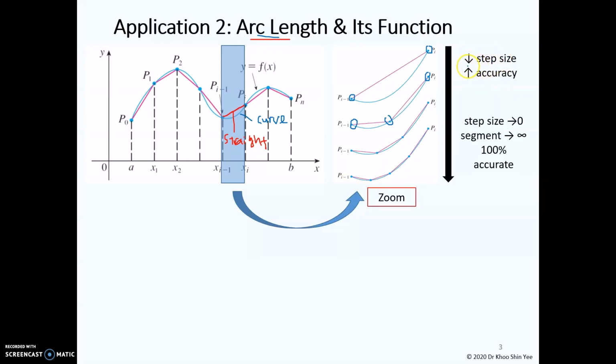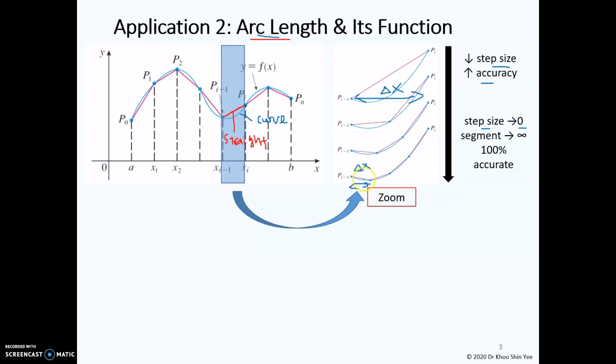In this case, we know that by reducing the step size between these 2 points, the accuracy of the straight line approximating the curved line will increase. You can see that the step size delta x between point 1 and point 2 is large initially, and for the last case here, the delta x between 2 points is smaller.